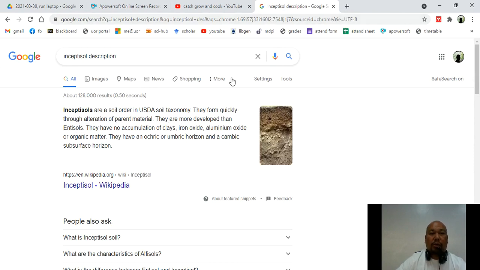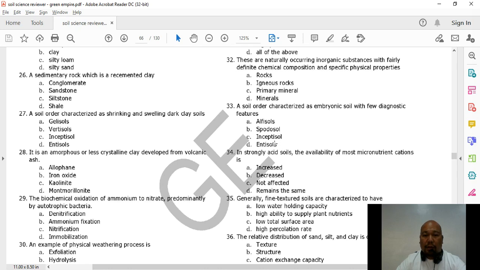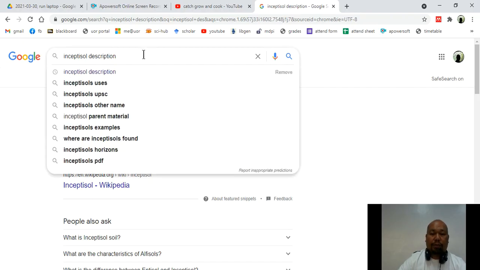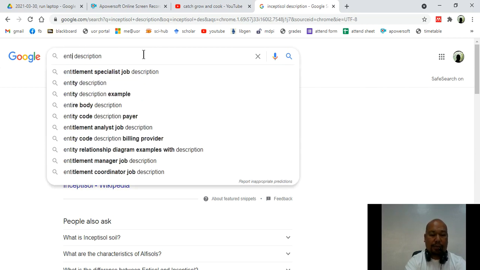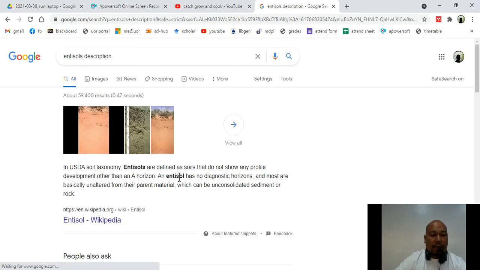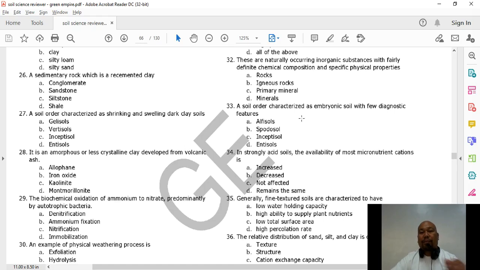Oh no, so it is entisols. The soils that do not show any profile development other than in a horizon. An entisol has no diagnostic horizon. So I cannot elaborate much on this one. Ma'am Alesna is better at this because it is soil taxonomy.